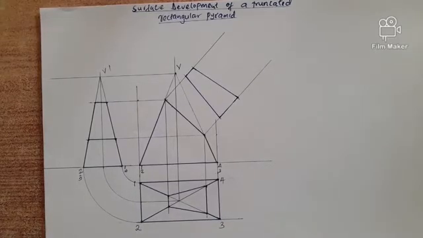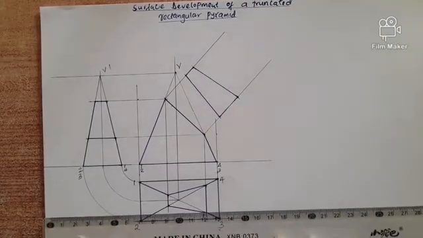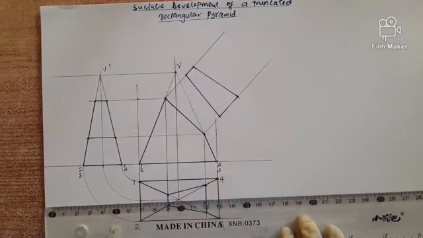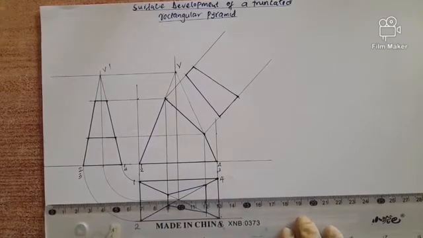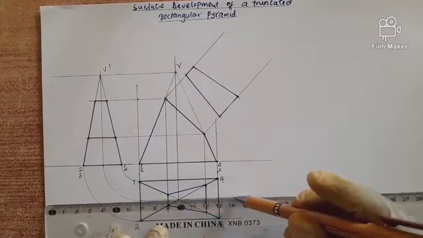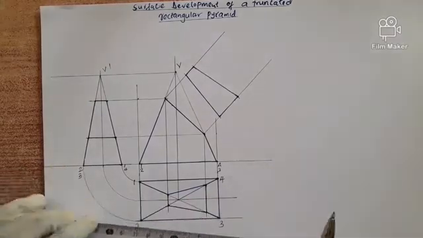Now we are going to use our true length to draw our development. How do we do it? First of all, we draw a straight line through the point of vertex on the plan, a horizontal line to meet one side, 3, 4, and pass a little bit.